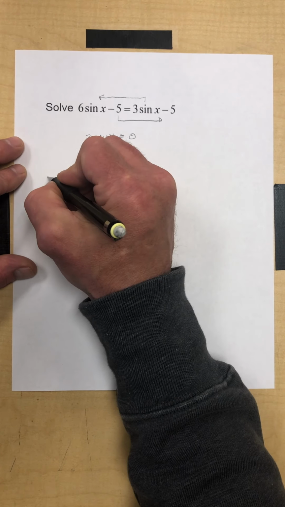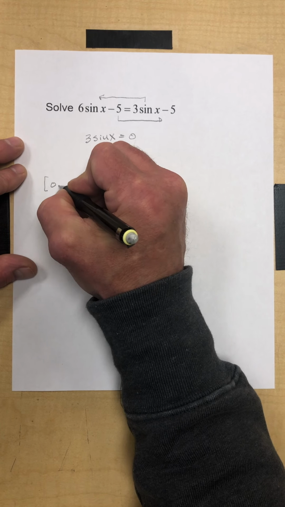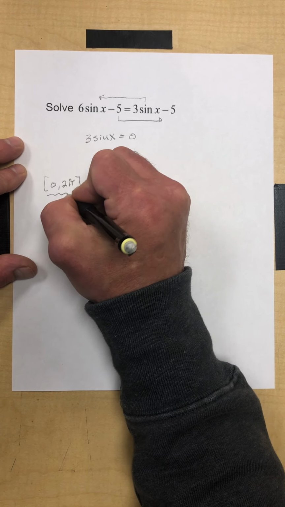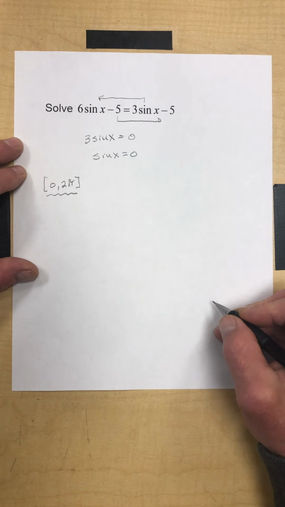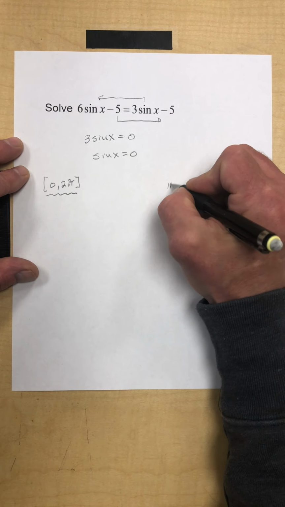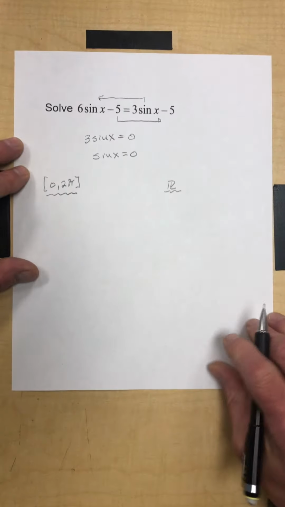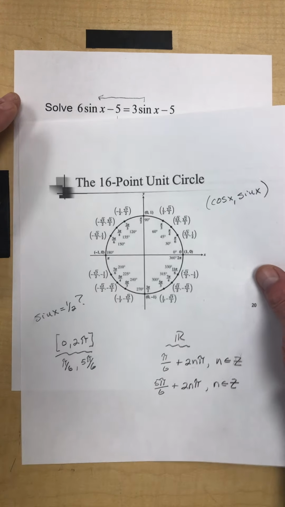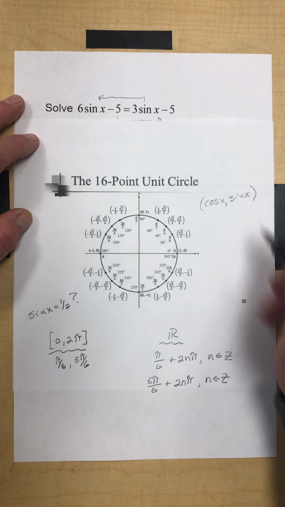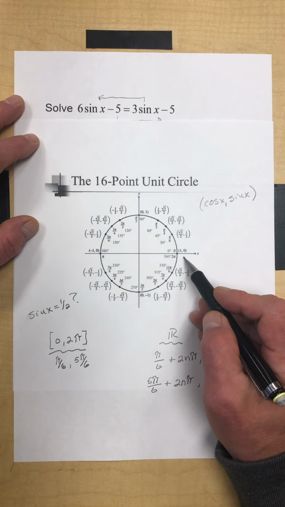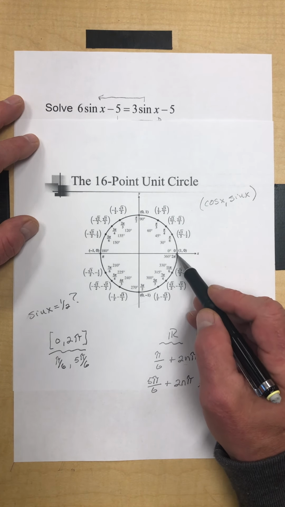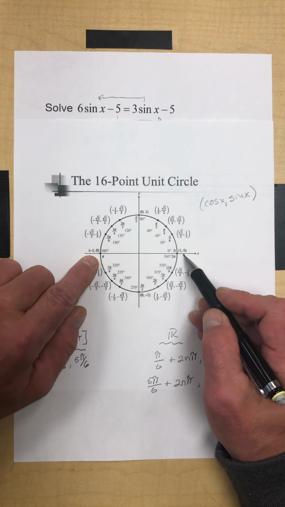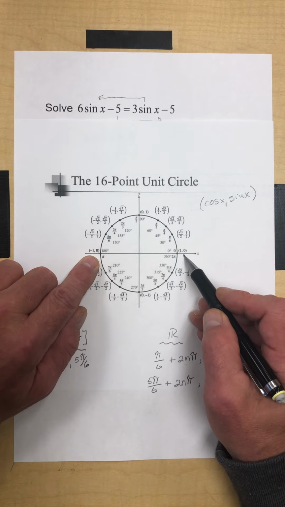Okay, and so we're going to solve that on 0 to 2 pi, just 1 period, and then I will solve that on the set of real numbers. So we go here, and we say, well, when is the y-coordinate 0? Well, that happens at 0 or 2 pi, they're the same thing. It happens at 0 and pi, here and here.